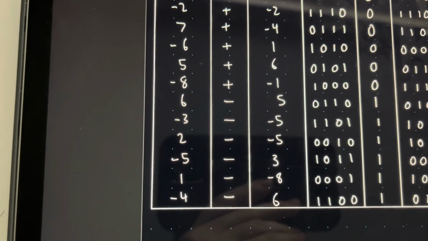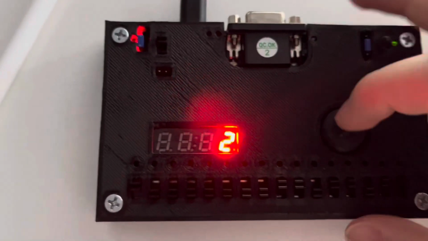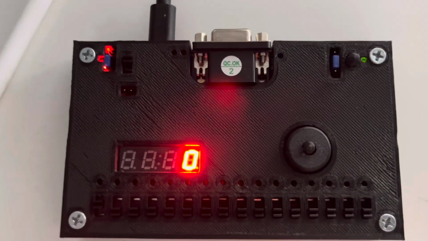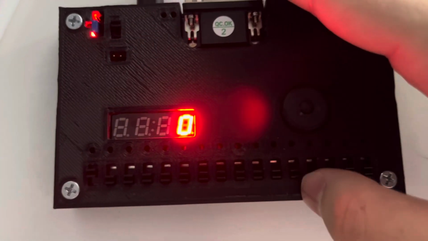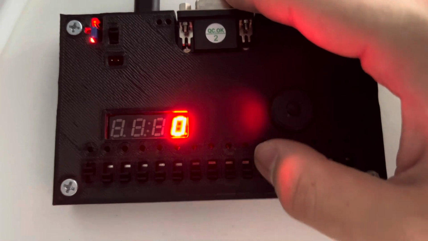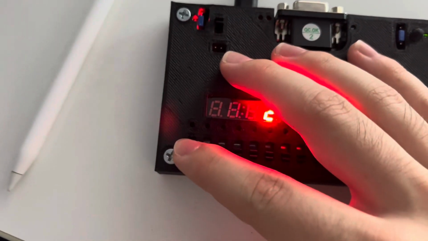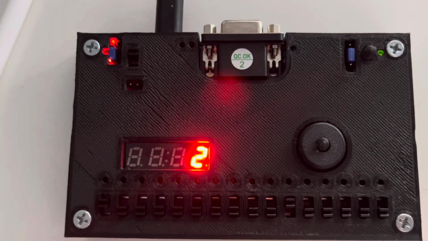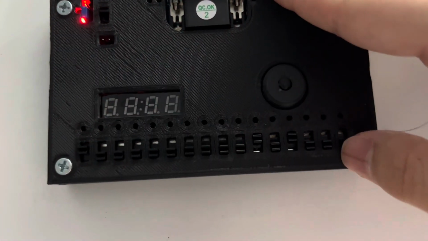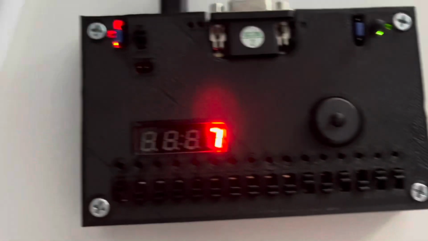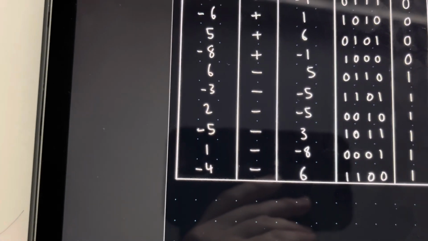2 minus 5. Let me just turn all these off. So 2, which is right here, minus, that's on, minus 5. So it's going to be 1, 0, 1, 1, which would equal 7, which makes sense. Okay, next on the list, negative 5 minus 3.